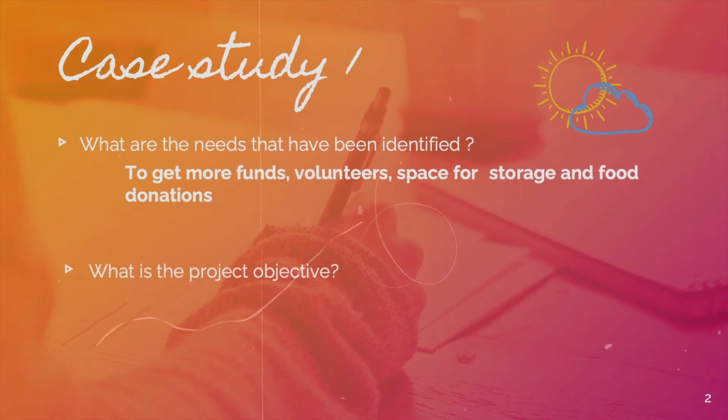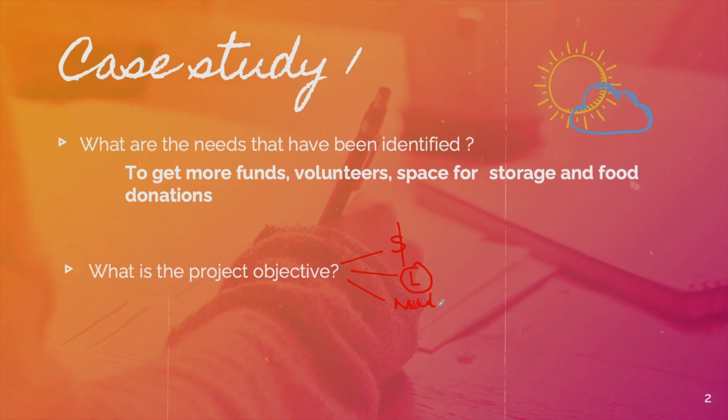The next question is, what is the project objective? You can pause the video here if you don't want to hear the solutions, but for the people who want to listen to the solutions, I had discussed in my previous lessons that project objective comprises of three things: budget or funds, timeline, and also need.